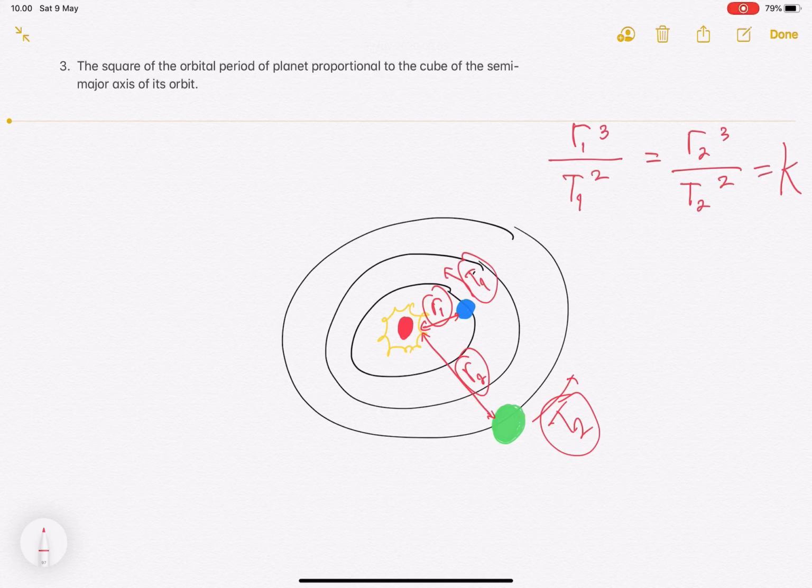If we increase the radius, the period also increases, but as we can see, it does not increase by the same factor. It's the cube of the radius and the square of the period that gives us the mathematical relationship, and he established that it is constant, but of course what Kepler wasn't able to do is explain why it is a constant.